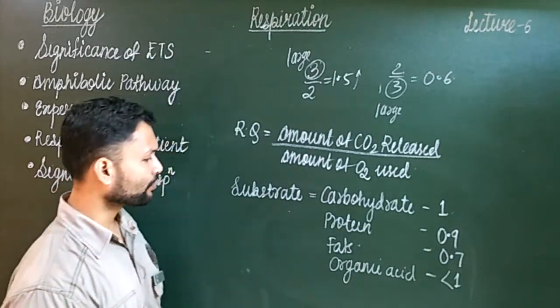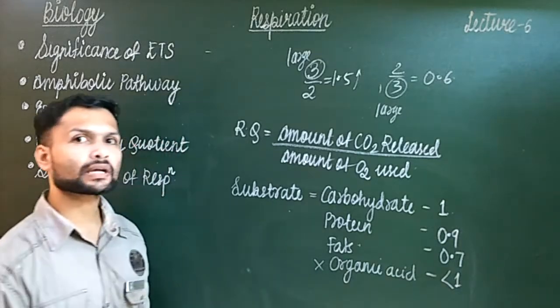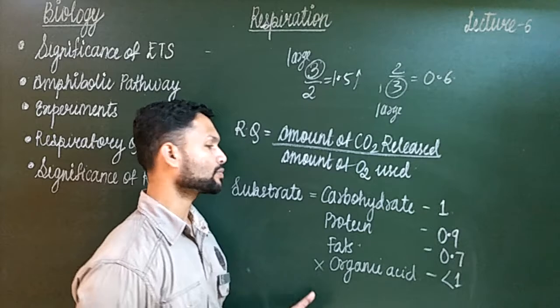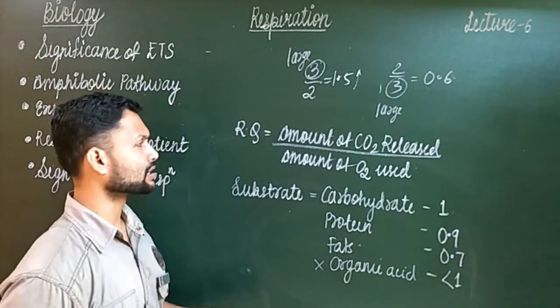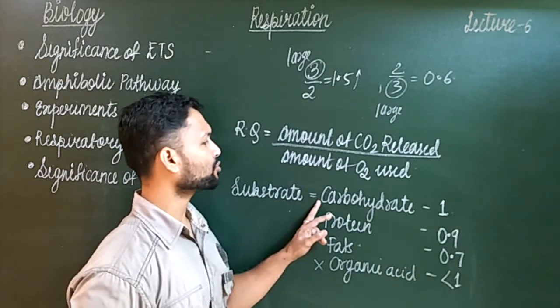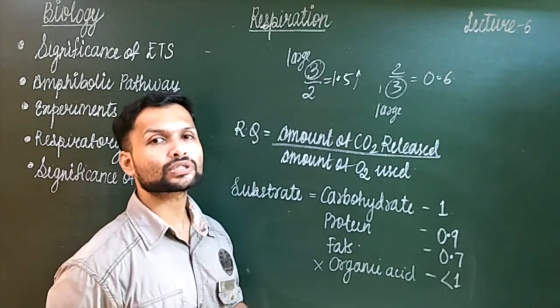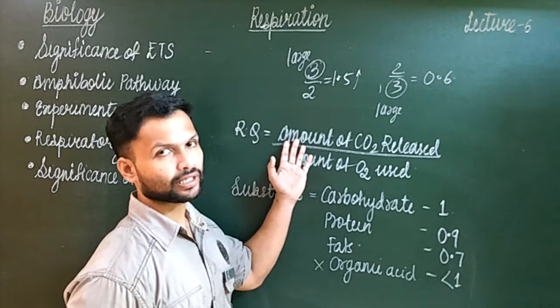We rarely use these; they are used by some plants, in which these organic acids are broken down to get energy. So we'll debate on this later. Out of carbohydrates, proteins and fats, which has the highest value? Carbohydrates. That is why cells choose carbohydrates for producing energy, because as much oxygen is used, that much CO2 is released.